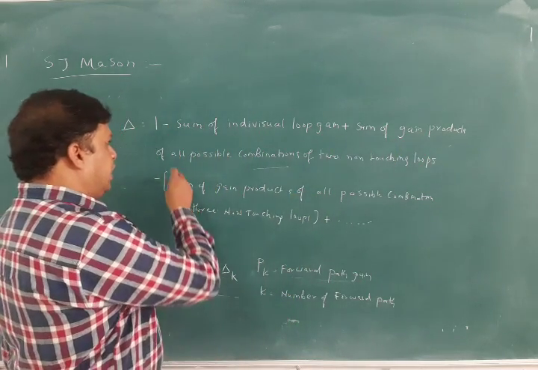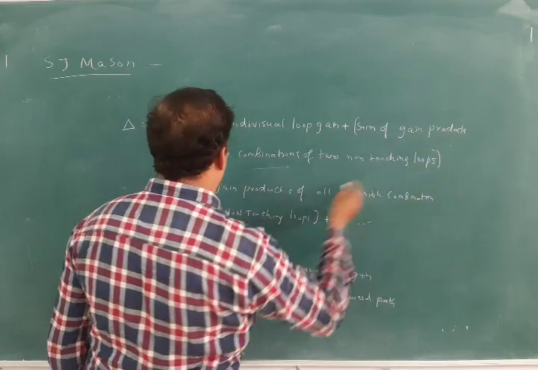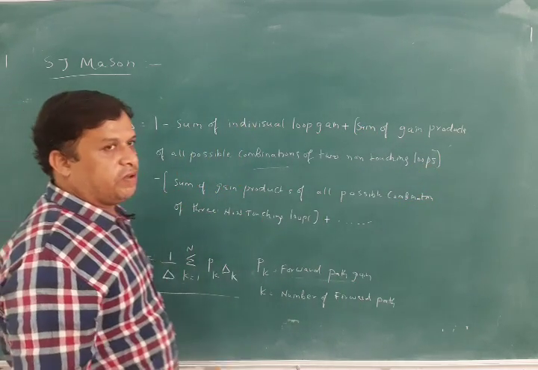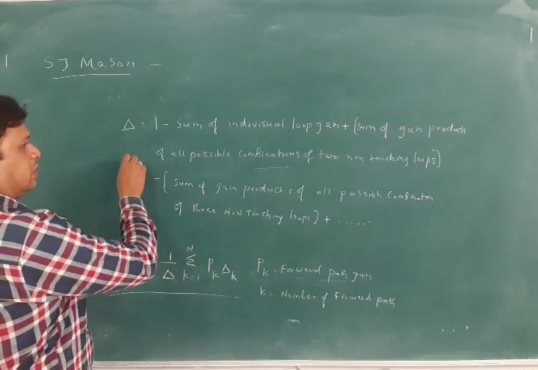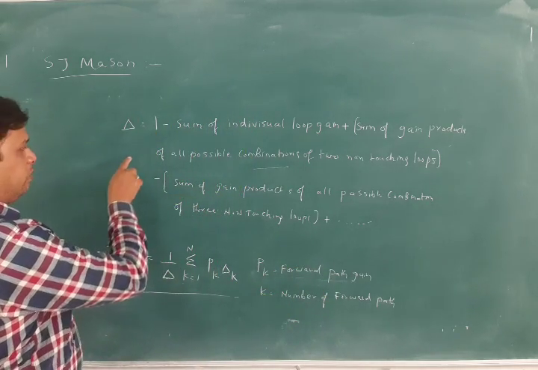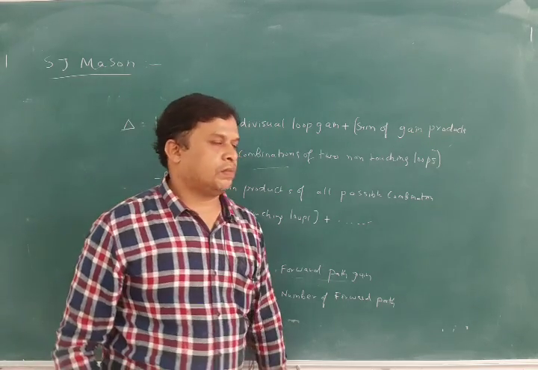Here also the sign alternates: a plus symbol for even and a negative symbol for odd. If you are able to find delta, you can easily find out the transfer function of the system.